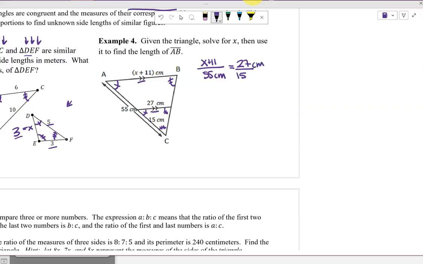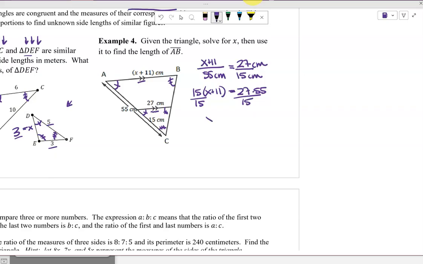And this is in centimeters, and this is in centimeters. All right, when I cross multiply, I'm not going to bring the centimeters along. I'm going to have x plus 11 times 15 equals 27 times 55.